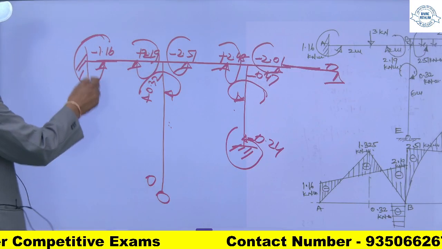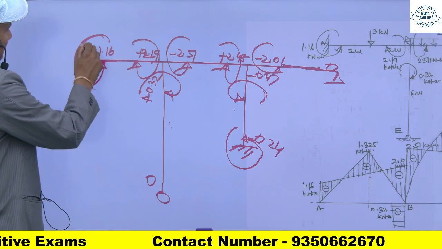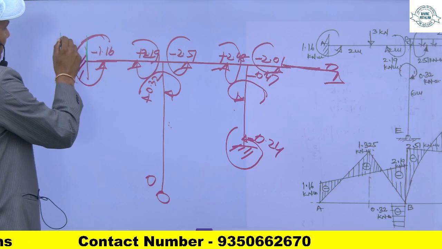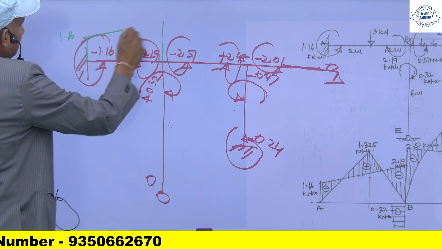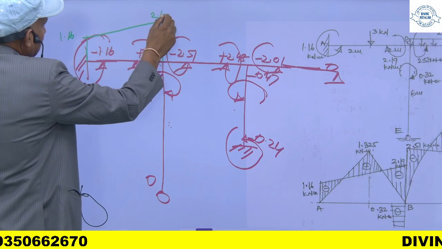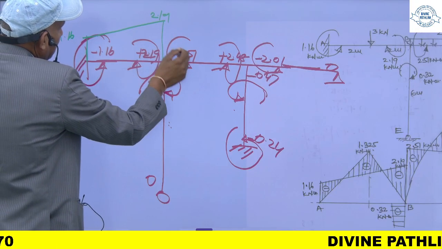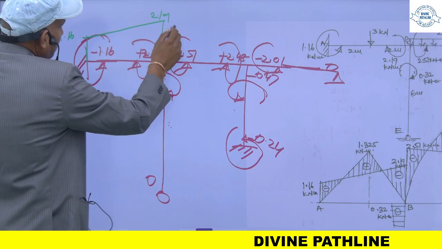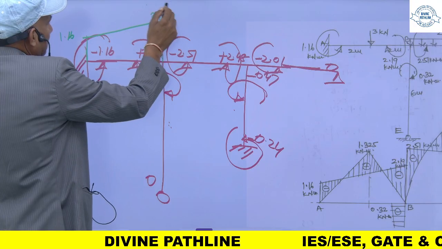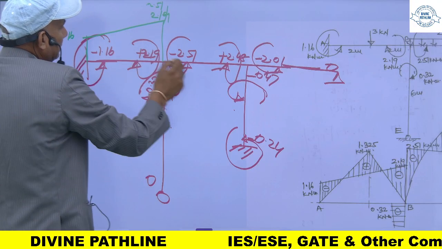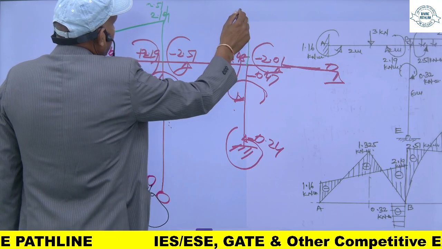Now for this it will be 1.16. This is in the direction of the arrow. 2.19. This is 2.51. So 2.51 is more. So it will be 2.51, then 2.48, almost equal.